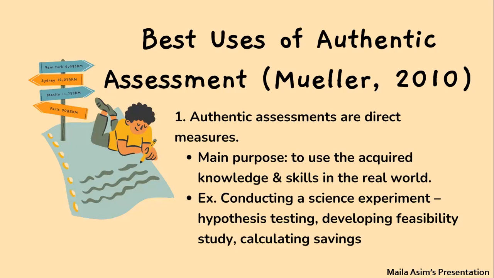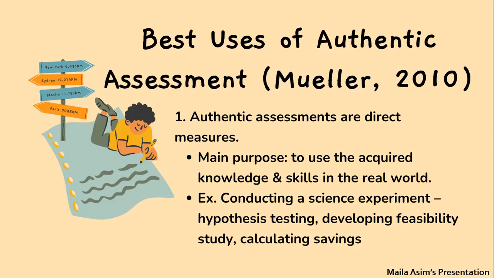Its main purpose is to use the acquired knowledge and skills in the real world. They are direct measures because what we have learned, what we have conceived, what knowledge we have acquired, and what skills we have mastered, we apply or use in the real world.